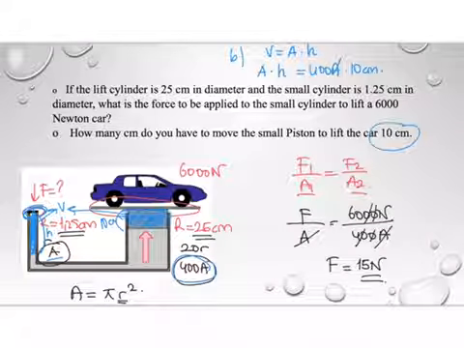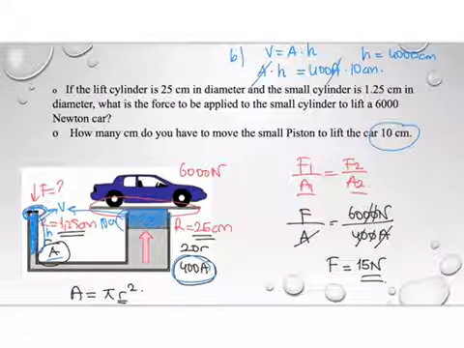So the A goes, I should move the small piston 4000 centimeters, which is equal to 40 meters.